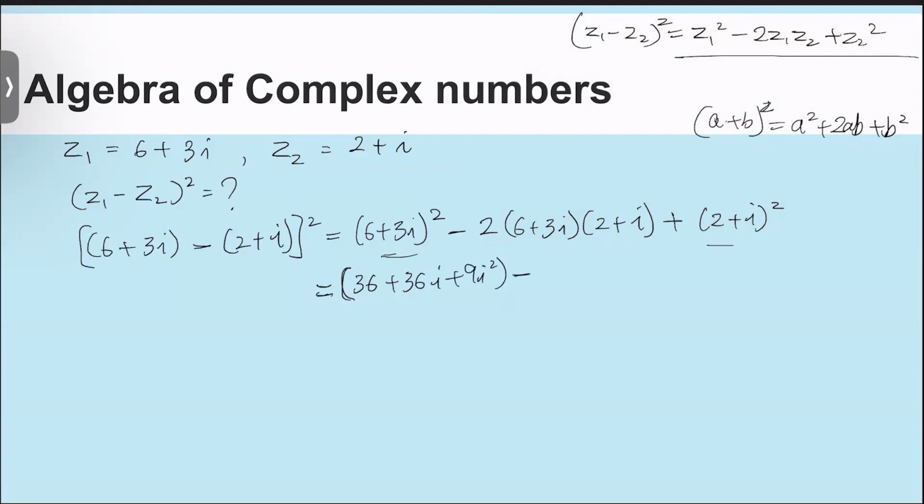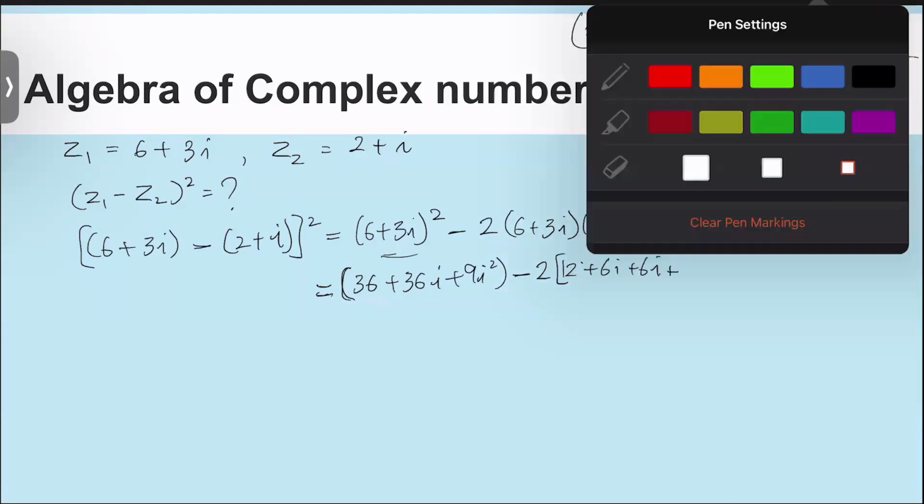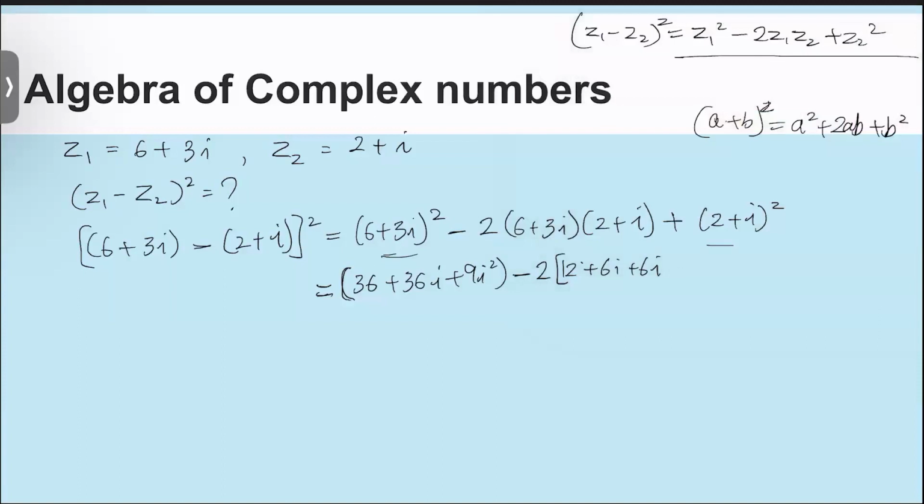And putting 2 out, you have 12 plus 6i plus 6i plus 3i squared.